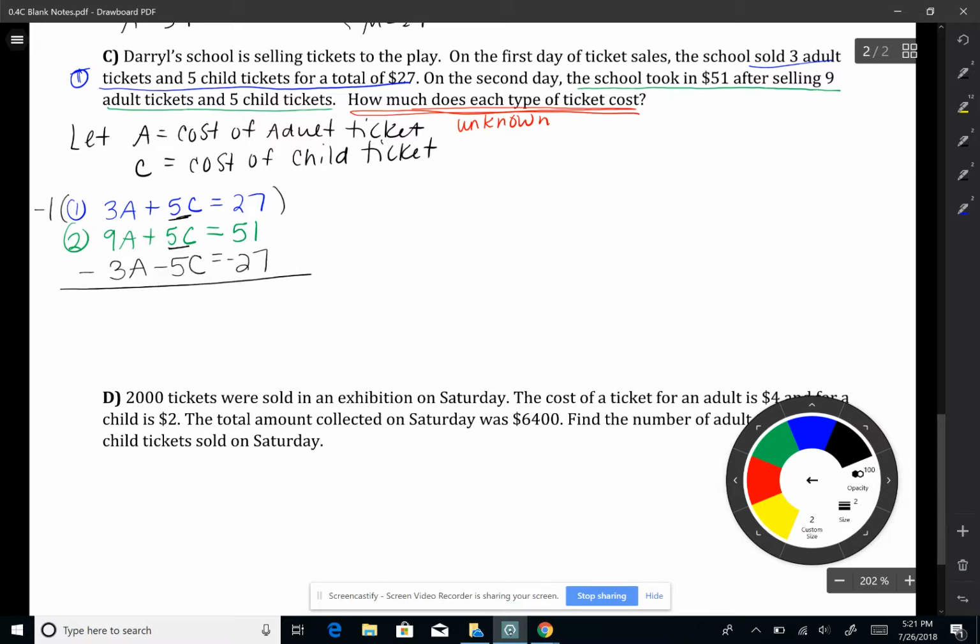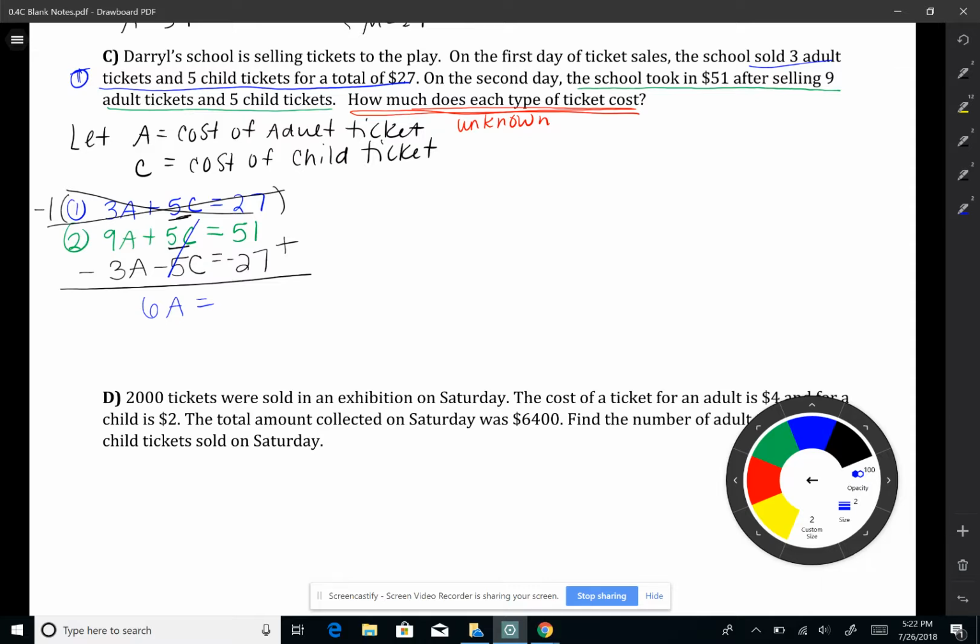So now I can eliminate C because I made the coefficients opposite, by adding these two equations. 9A minus 3A is 6A. My 5C and -5C cancel. 51 minus 27, again, don't be afraid to use your calculator if you need. But you should get 24. And then you should divide by 6 and you get A equals 4.